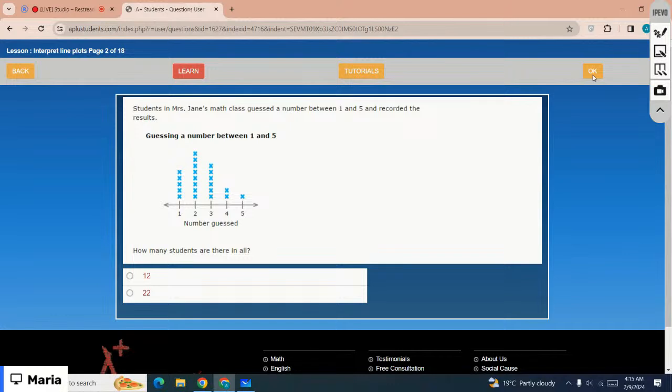Students in Mrs. Jane's math class guessed a number between 1 and 5 and recorded the results. How many students are there in all? You have to calculate the total students.